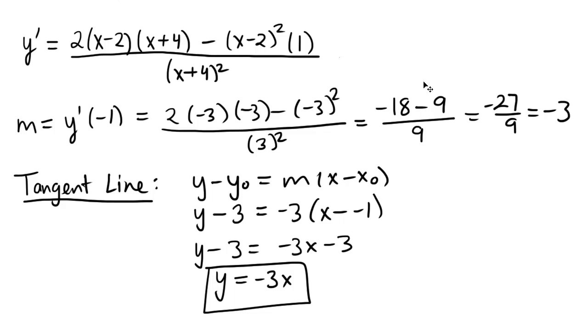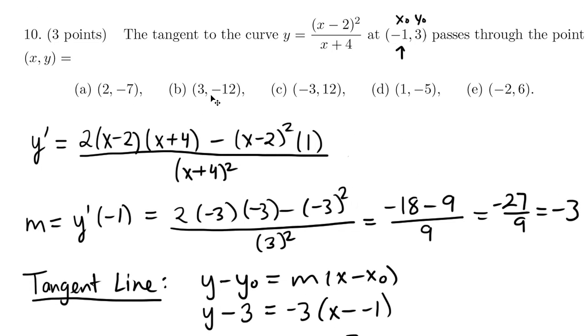And basically, the question is, which one of these points lies on that tangent line? So which one of these points lies on y equals negative 3x? The way we tell that is we just put the x value in, work it out, and if the y value that comes out matches this y value, then you know the point is actually on that line. So let's put 2 in there. Negative 3 times 2 is negative 6.